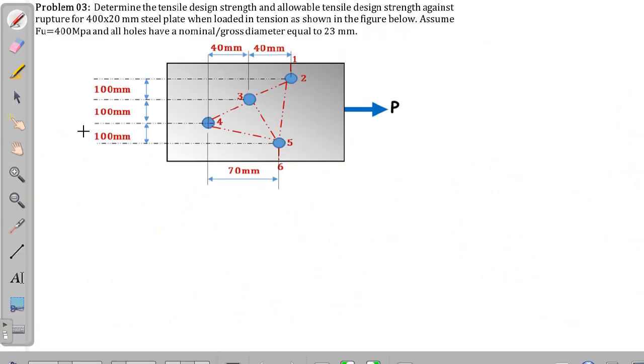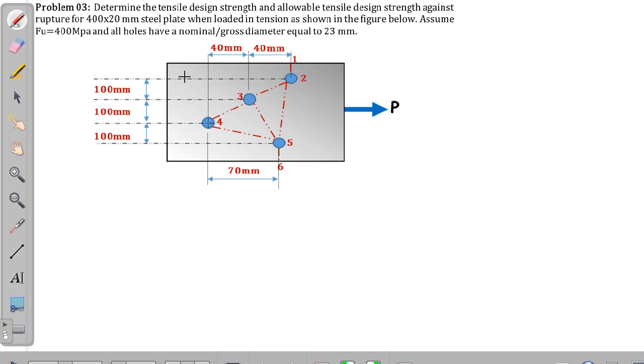Okay, so let's solve for problem number 3. So we have to determine the tensile design strength and the allowable tensile design strength against rupture for the 400 by 20 mm steel plate when loaded in tension as shown in the figure below. So we have here our figure.